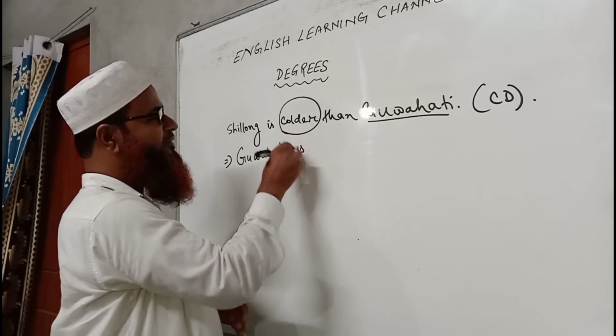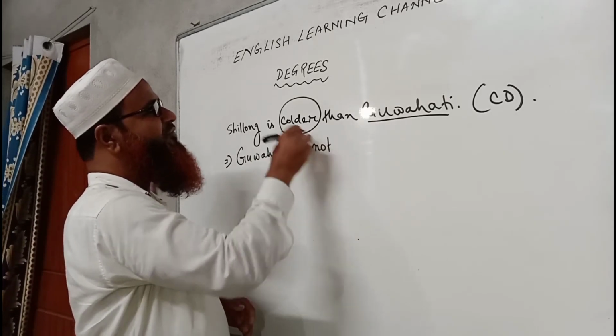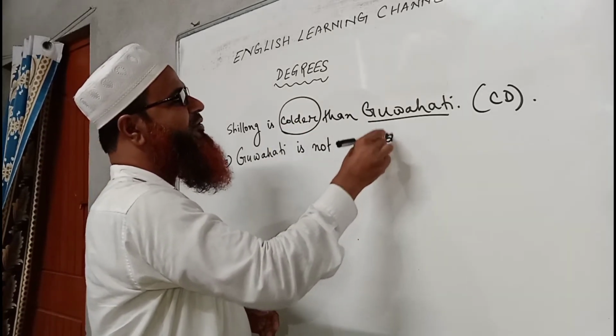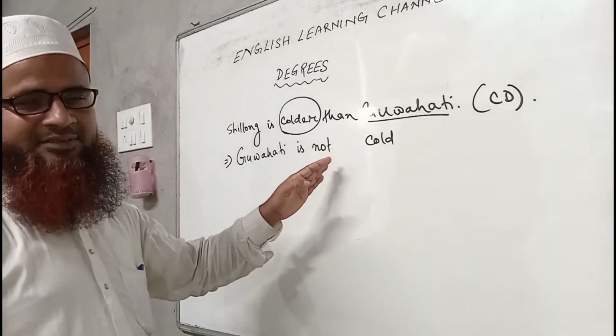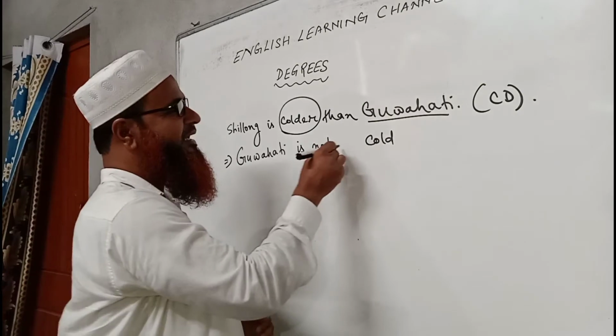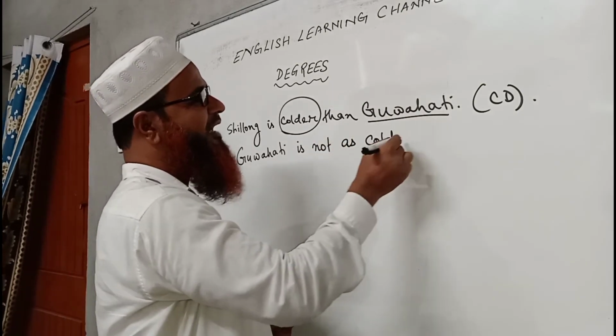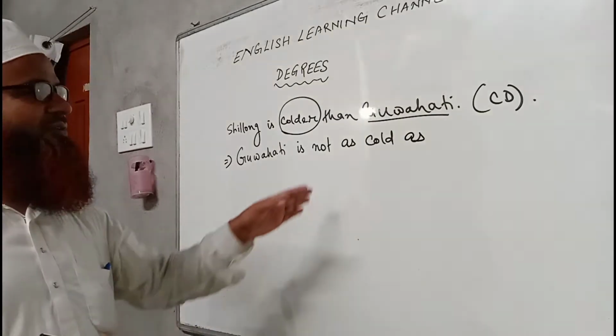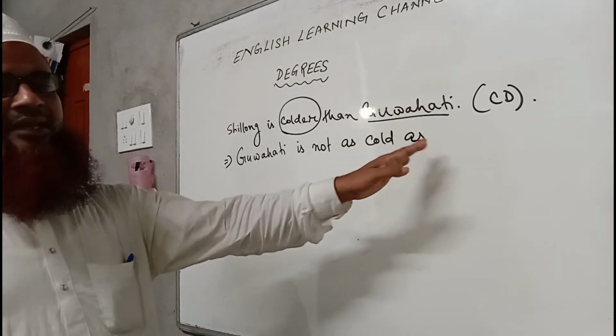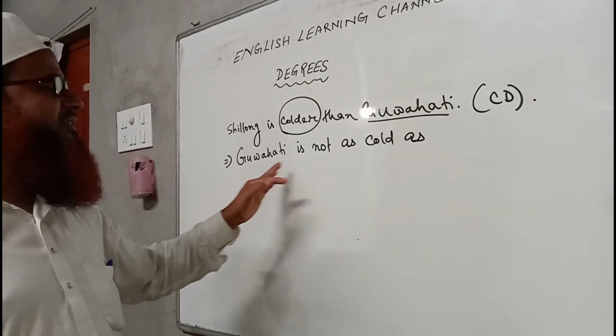We have to write: Guwahati is not, and we have to use "cold", which is the positive degree of "colder". Then we have to use "as" before and after the adjective.